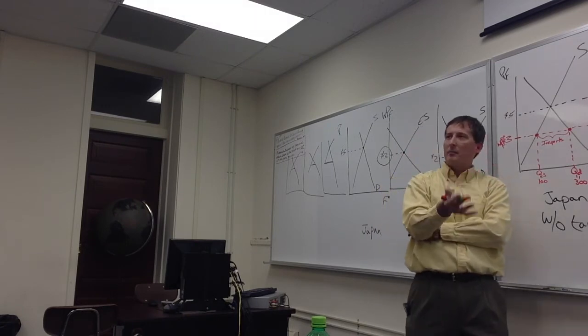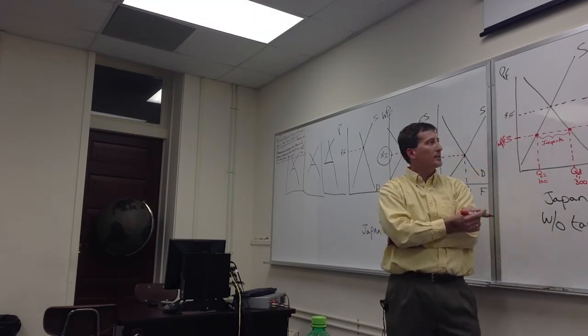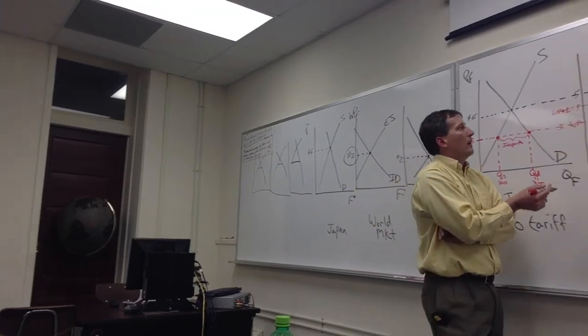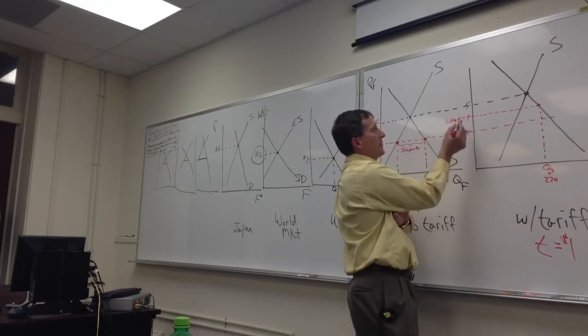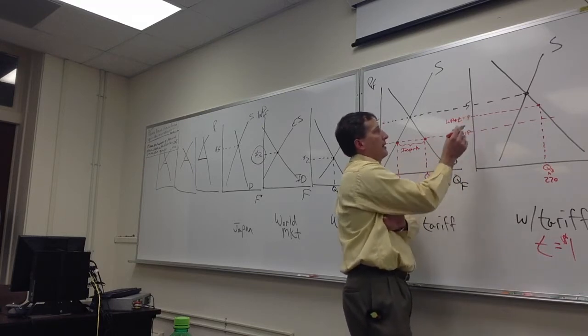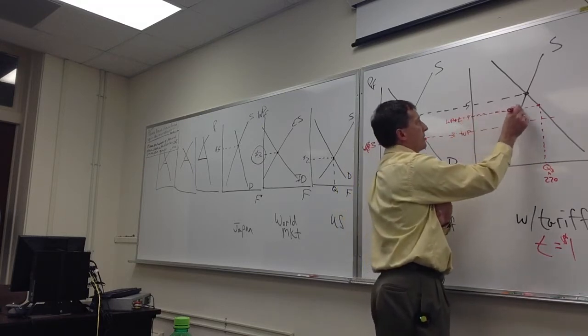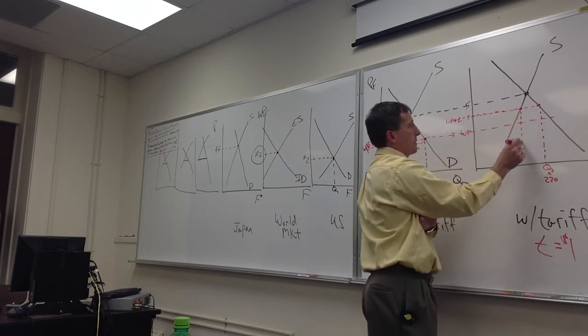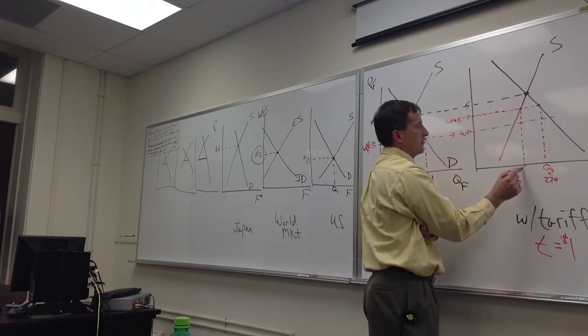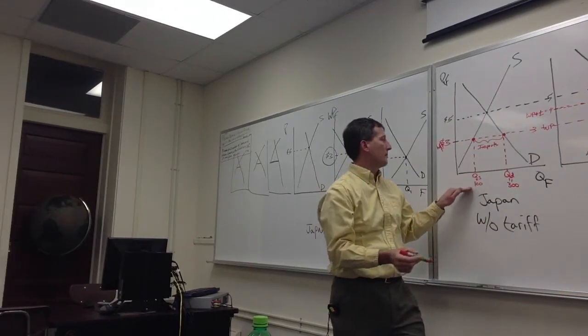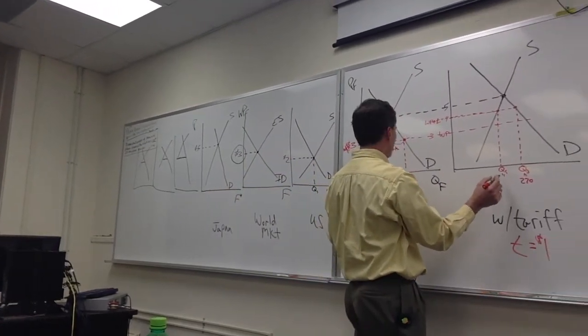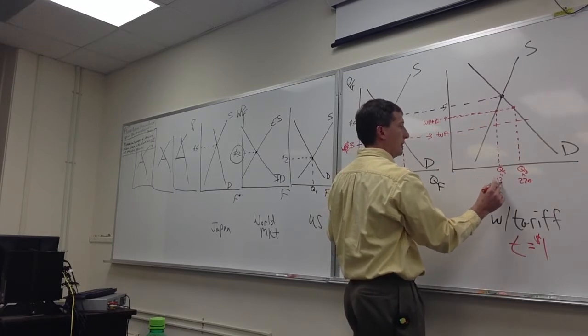That was the law of demand. Price goes up, we buy less. Now, the more interesting thing here, well, maybe not more interesting, but equally as interesting, is that the Japanese producers are going to be producing more. So let's say they ramped up 30 units to 130.